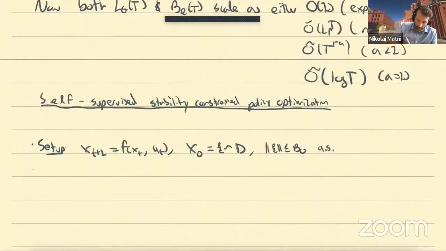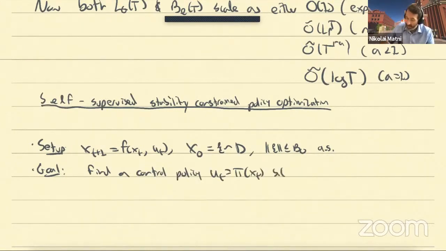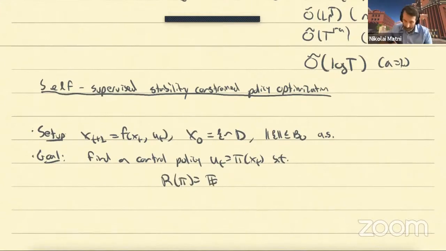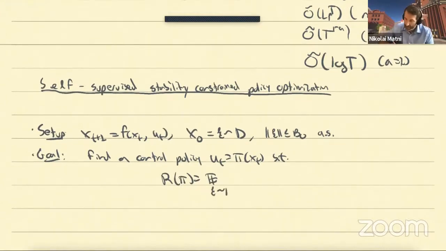Our goal is to find a control policy u_t equals pi of x_t, such that the risk of a policy pi, equal to the expected value with respect to this distribution of initial conditions of the loss function induced by pi, is small.